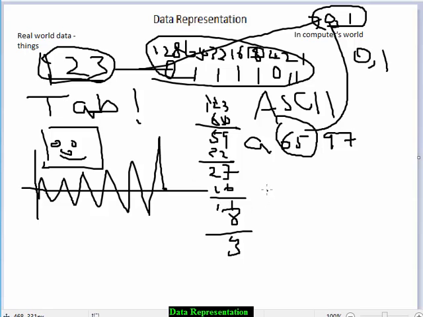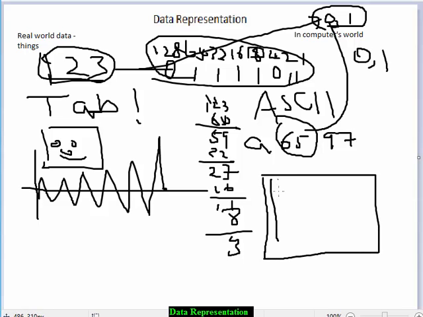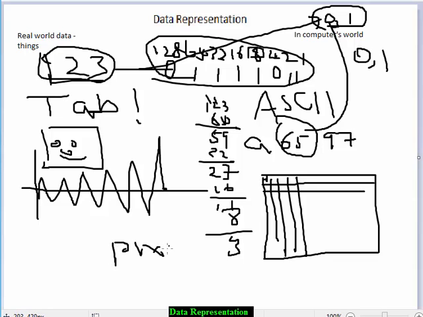When you are scanning the picture, you are cutting the picture into many squares. Each square is called a pixel, a picture element. Each pixel is only one color, so you can have one color there, one color there.